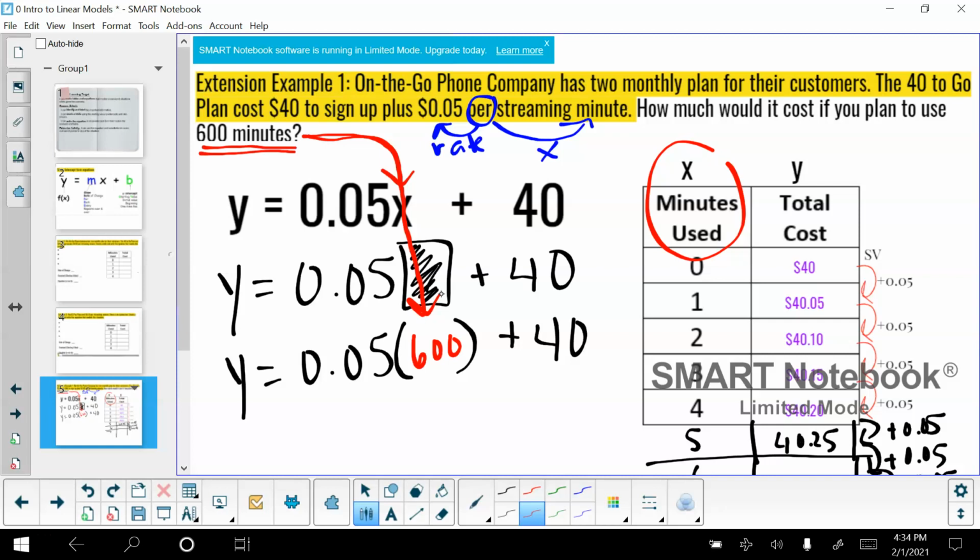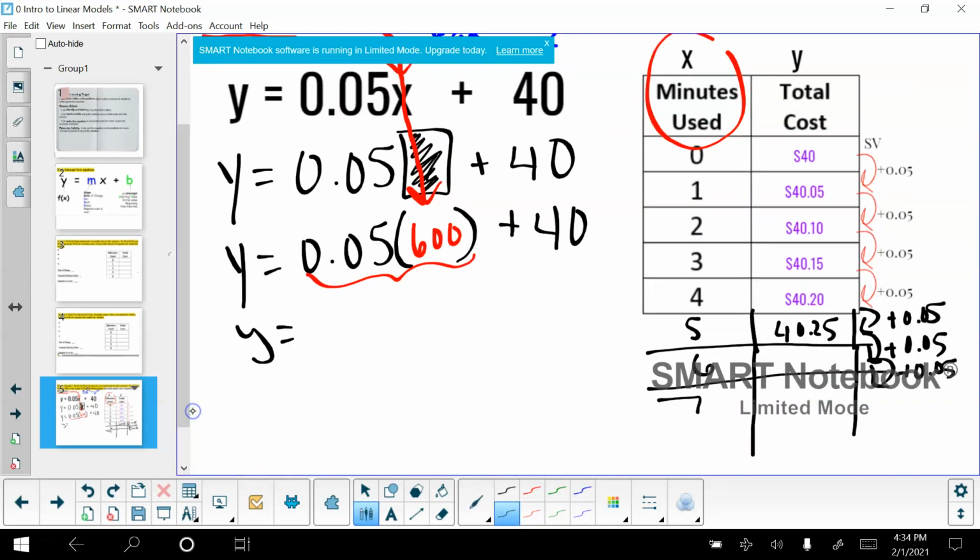And then you can just use your calculator, and you're going to multiply here first, and then add the 40. So you're doing 0.05, or 5 cents, times 600, which gives you 30. And then you're going to add that 40.